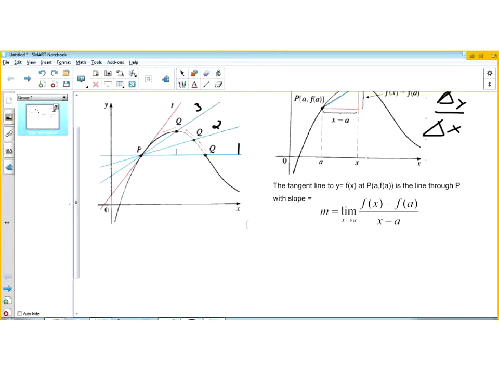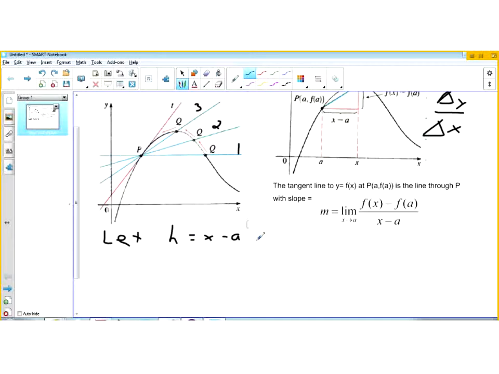All right, so I'm going to modify this slope a bit. Through a change of variable, why don't we let the variable h equal x minus a, which is the denominator in the equation for the slope.